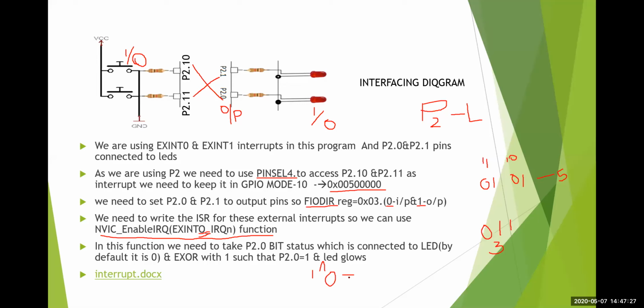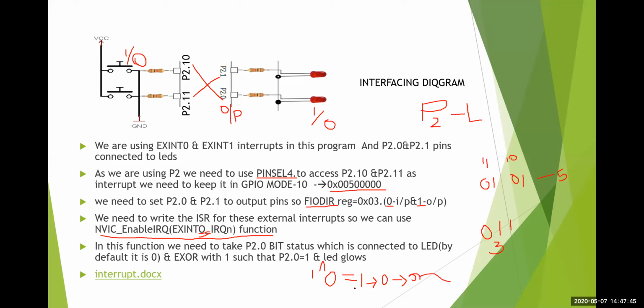So the value will be 1. This 1 is given to P2.0, which makes the particular LED be on.